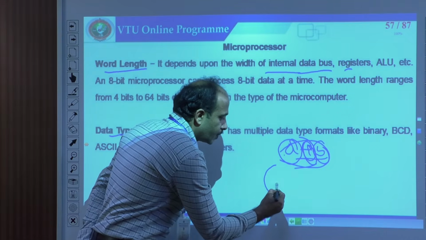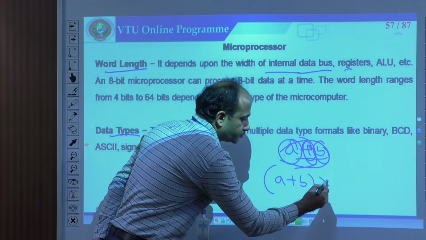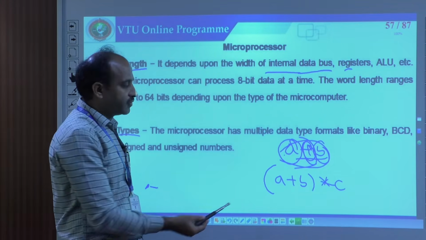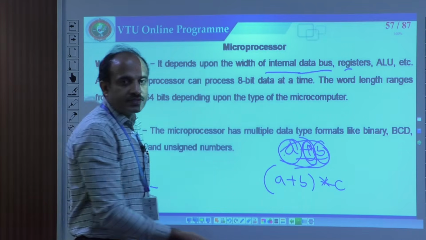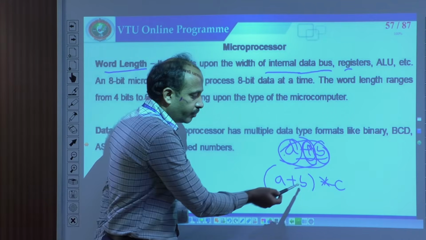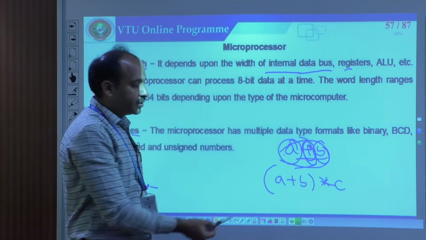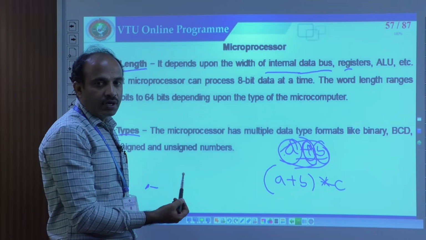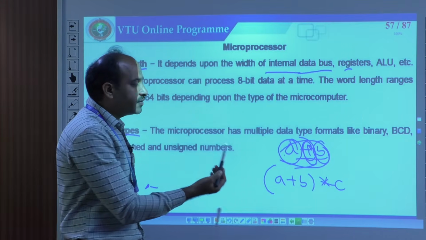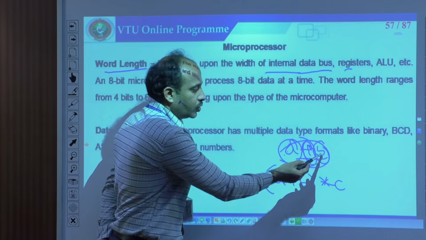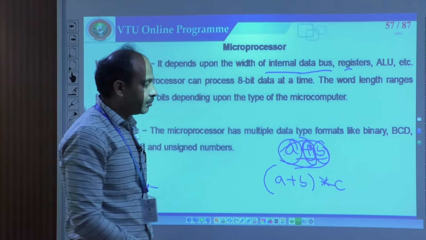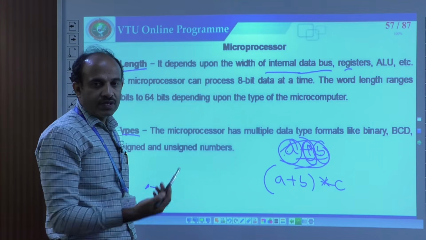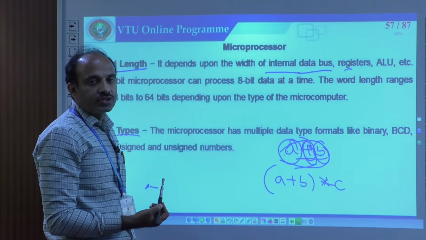Assume the same a plus b, into c. Now it has more instructions. The data is a, b, and c, and then we have the addition operator, the multiplication operator, and also parentheses. This increases the data. Earlier we had only two variables and one arithmetic operator, but here we have five items, and the braces define which expression to evaluate first.